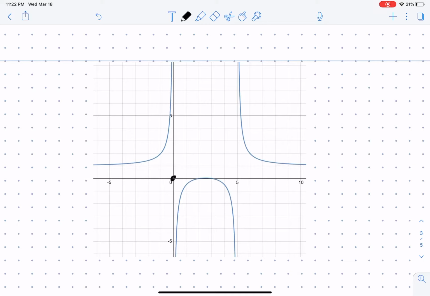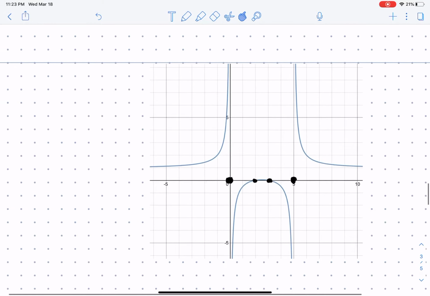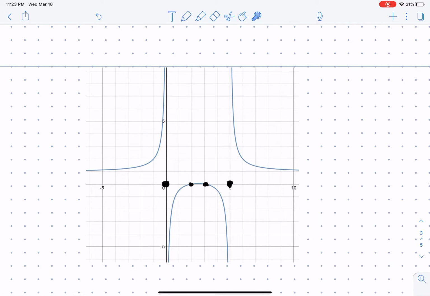They're the place where the vertical asymptote is here and here, and the places where it crosses the x-axis here and here. So there's sort of 4 points that we need to worry about here. And once we have those 4 points, we've divided the whole number line up into intervals. And on each interval, it's either entirely above or entirely below the x-axis. Here it's above, here it's below, here it's above. Okay.